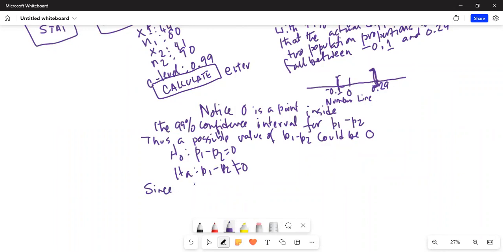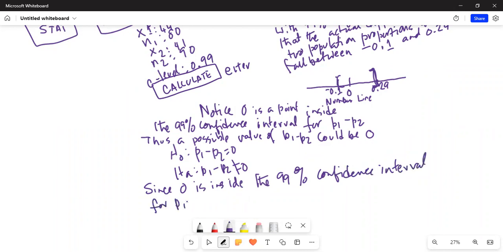Since 0 is inside the 99% confidence interval for difference, confidence interval for P1 minus P2, decision, do not reject H0. This is same as above.